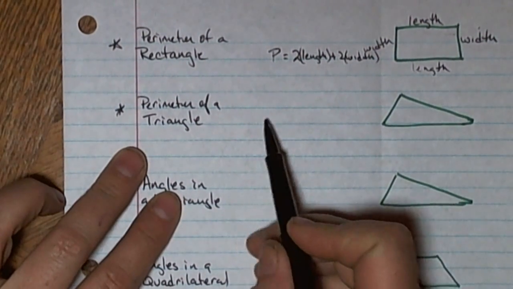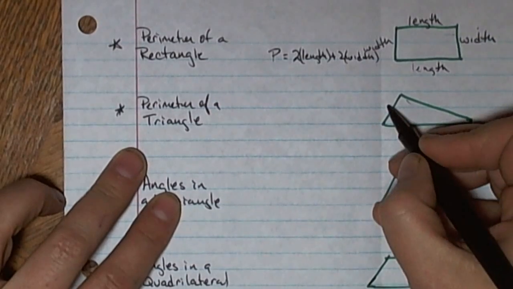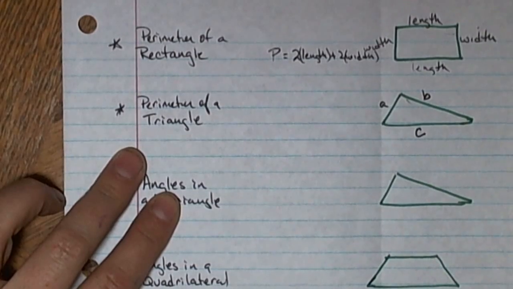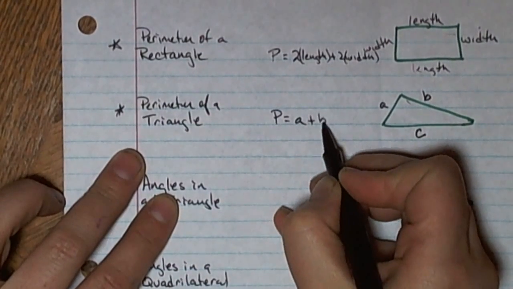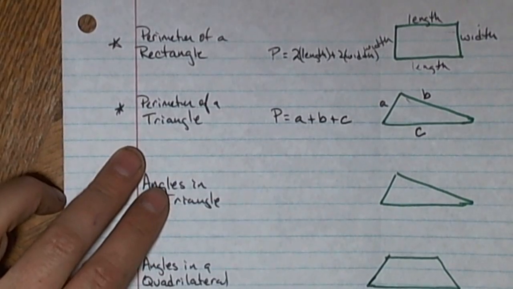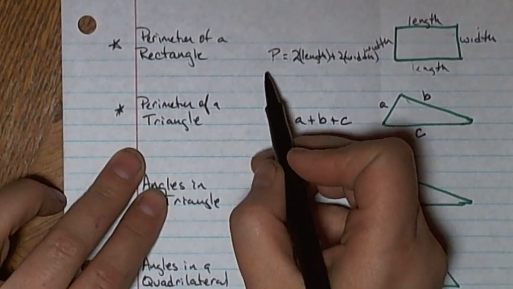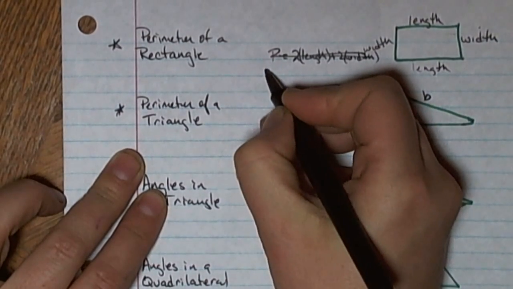Perimeter of a triangle would just be adding up all the sides. So if I called a side A and another B and another C, the perimeter would just be adding them up. Let me write this a little bigger to make sure you can see it.